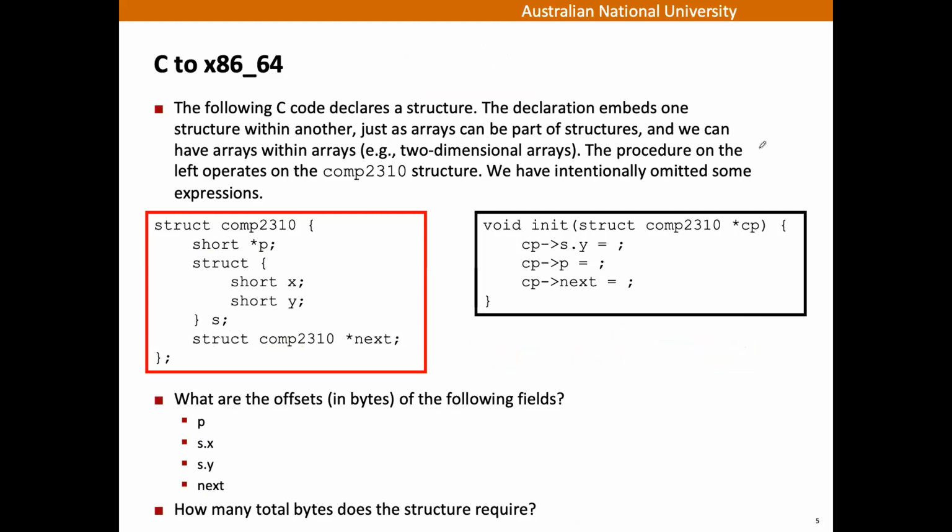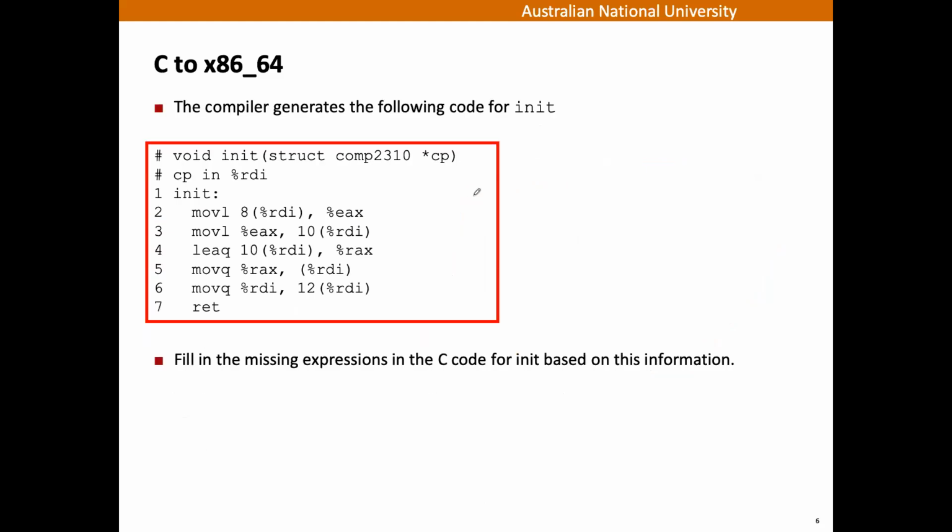Okay, so now we have this piece of code where we have omitted certain assignments. Now, what we have is the assembly code. So we have the x86 assembly, and we need to fill in the missing expressions in the C code for the function init.